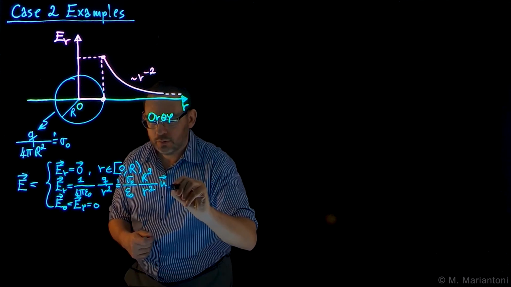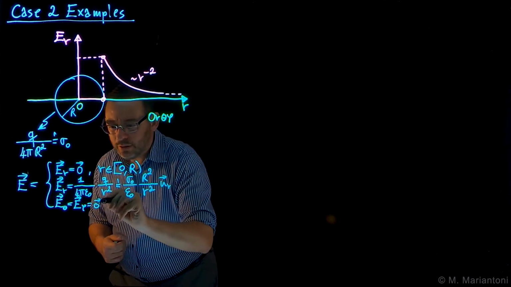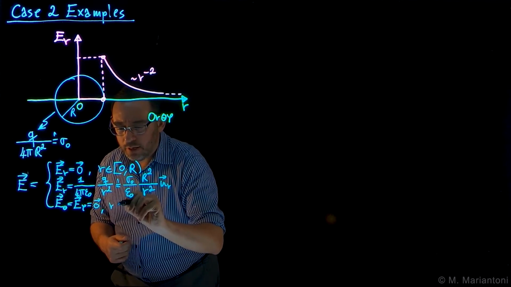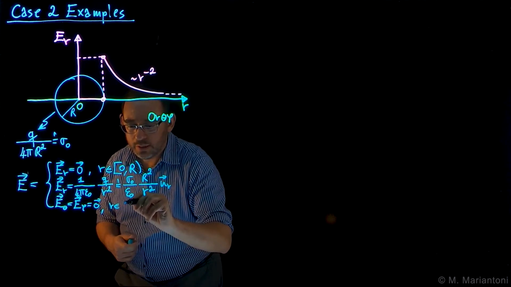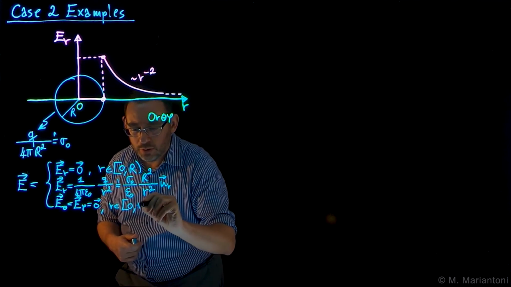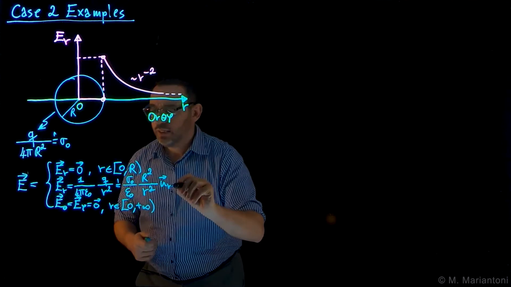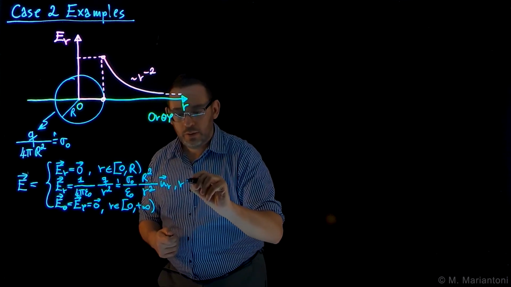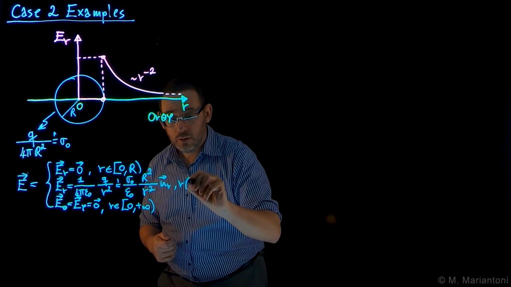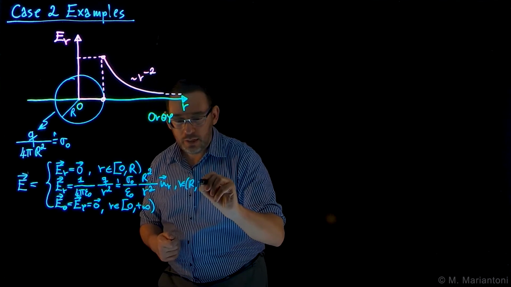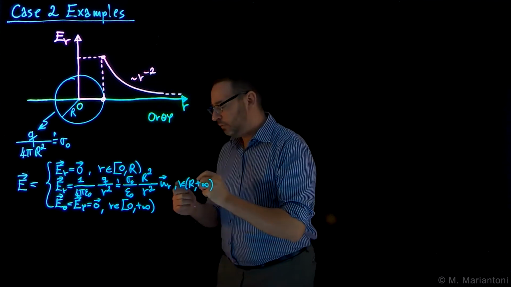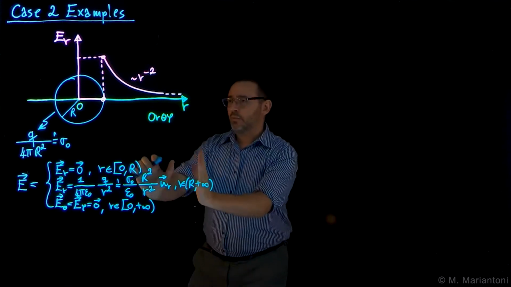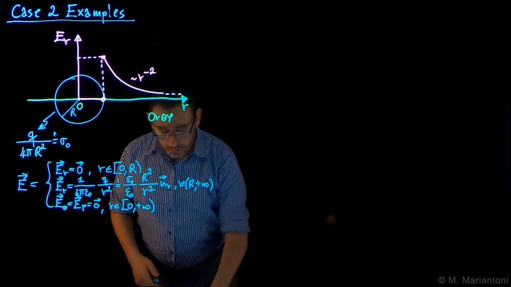This is u_r. This is 0. For r it goes from 0 all the way to plus infinity, whereas here r is from capital R to plus infinity. Great. This is our field. That's the way we sketch it.